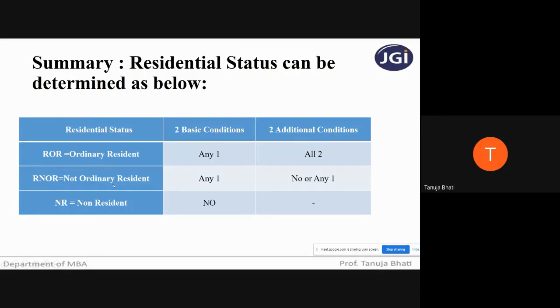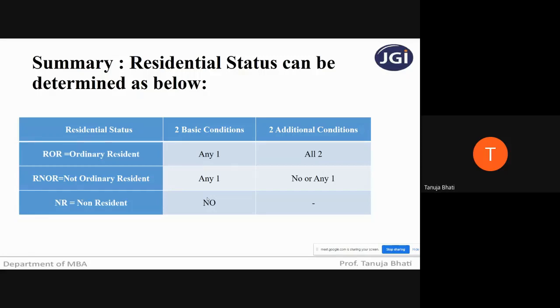Once you determine the residential status, we will be able to know the tax payable by that individual to the government. That is the base why we determine the residential status of an individual. So this was a summary of what we've seen in respect of residential status.